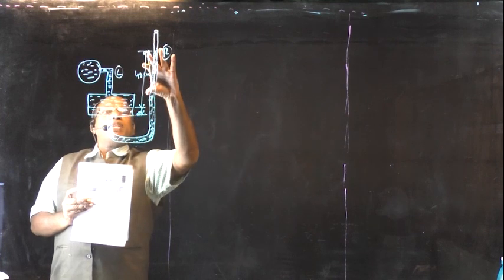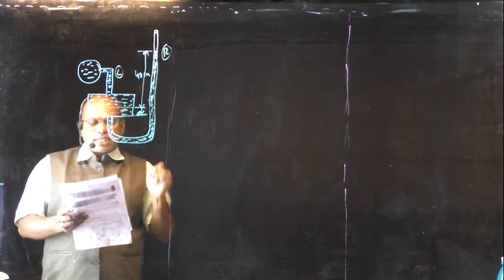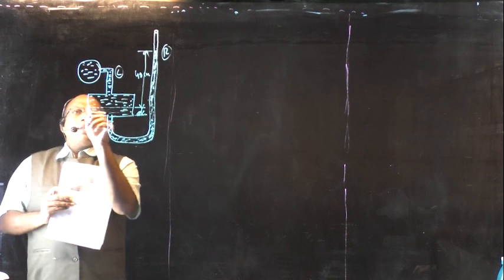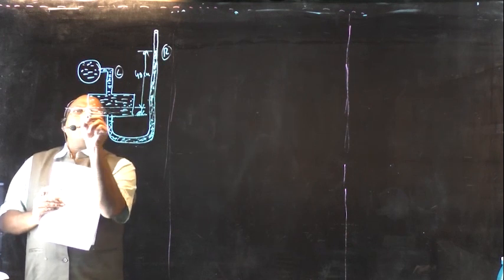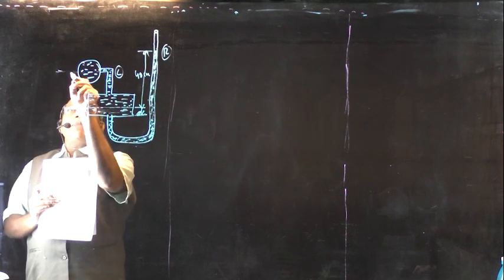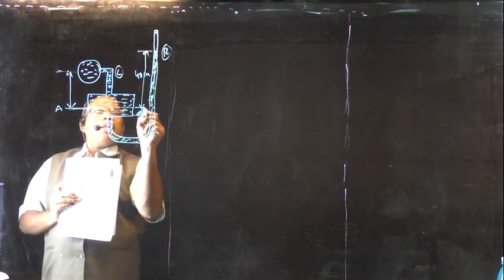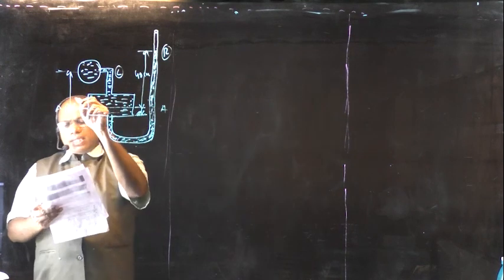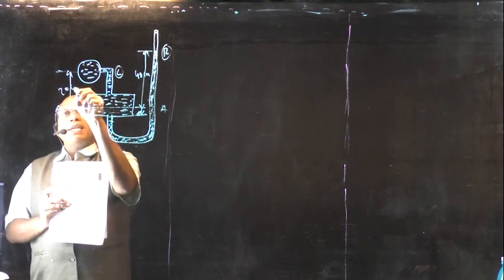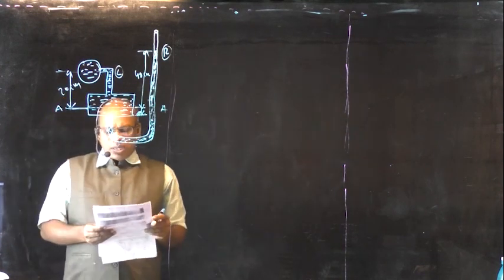The mercury level difference between the left limb and right limb is 40 centimeters. And the liquid column, from the center line of the pipe to the datum line AA, is 20 centimeters.